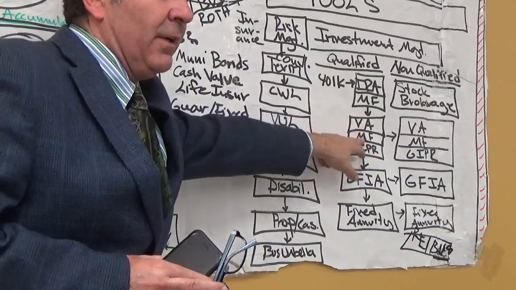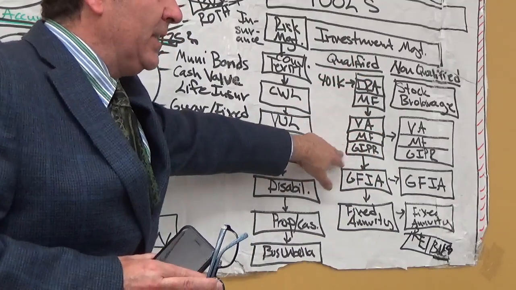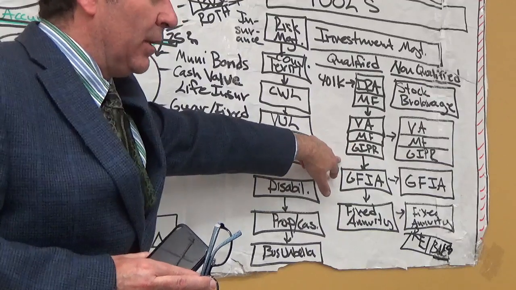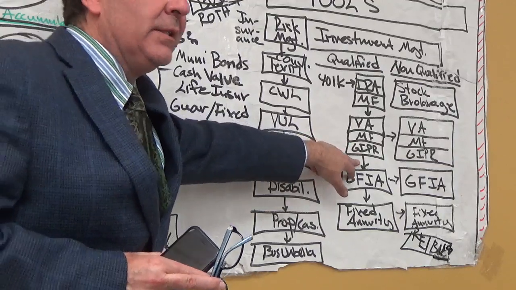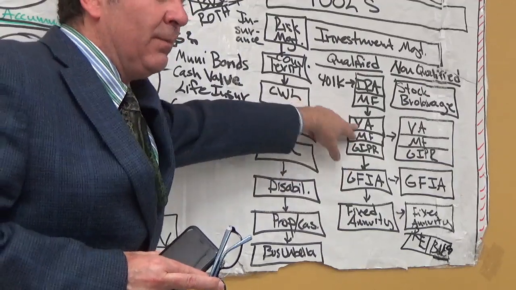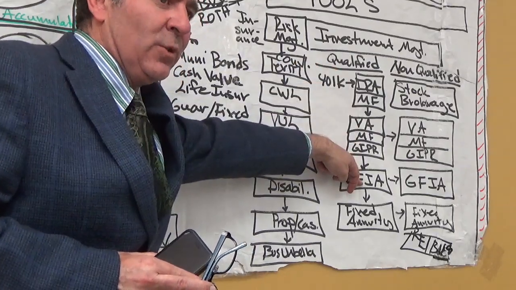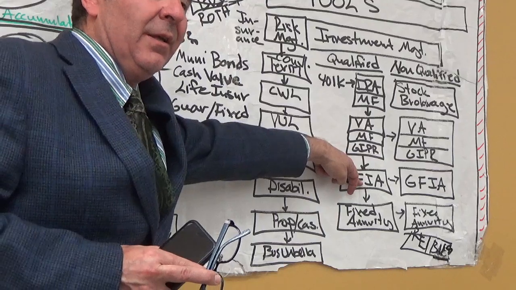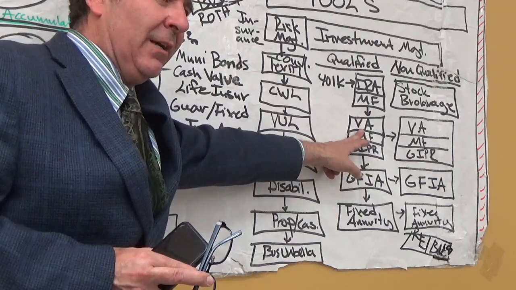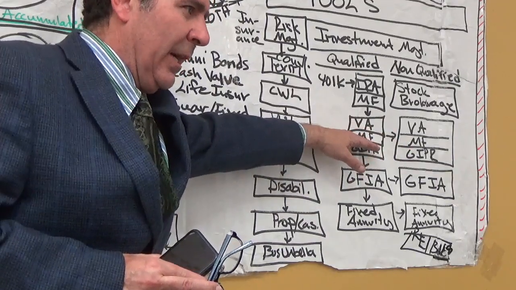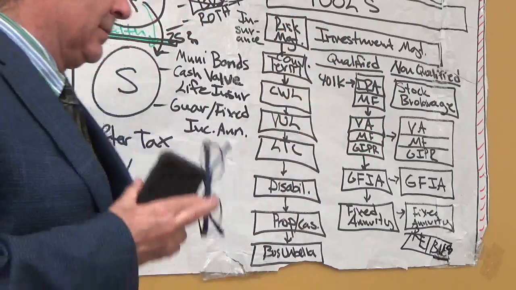So basically these variable annuities, funded and backed by these large insurance companies, guarantee that if you put $100,000 in and the market crashes and your portfolio is worth $50,000, the insurance company will give you $50,000 and you will still have $100,000. So you lose nothing, okay?